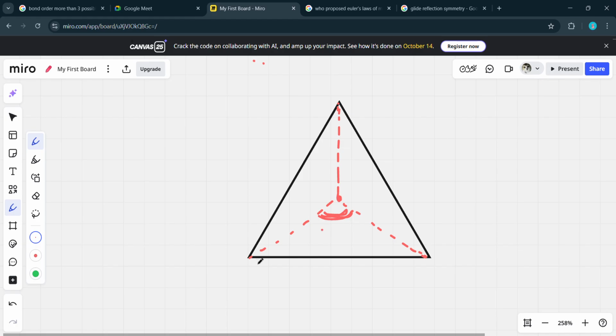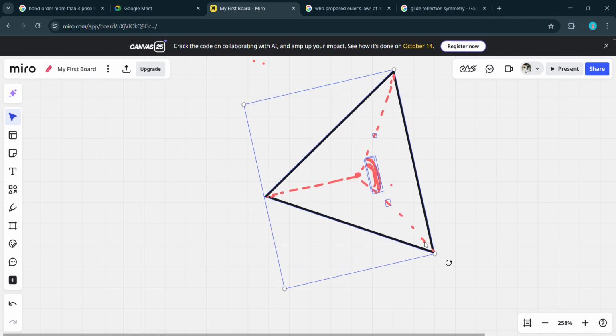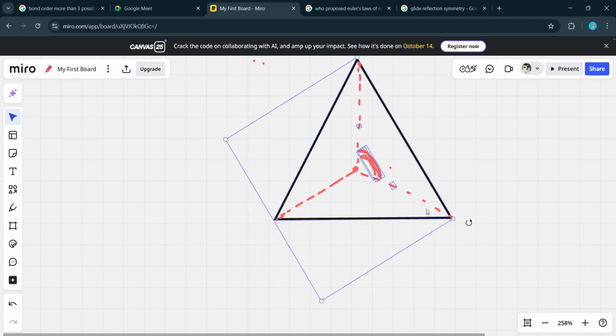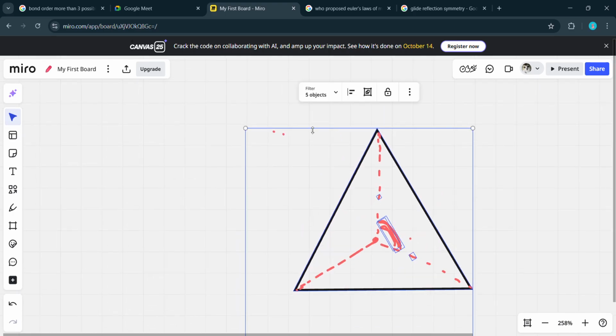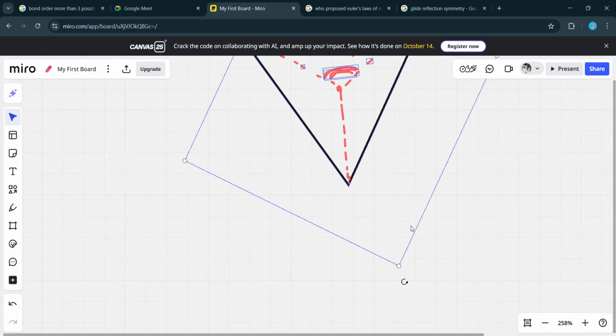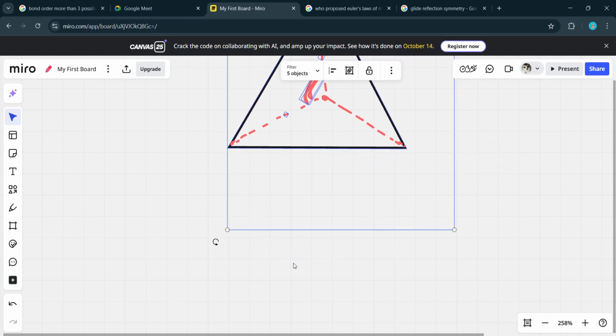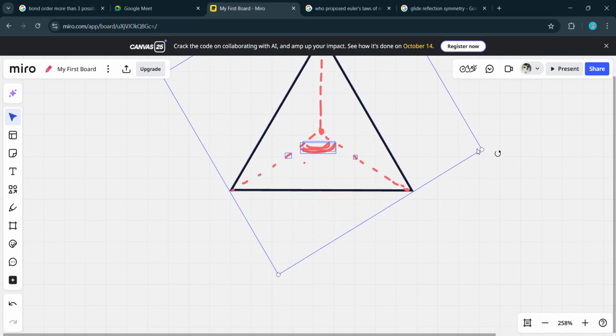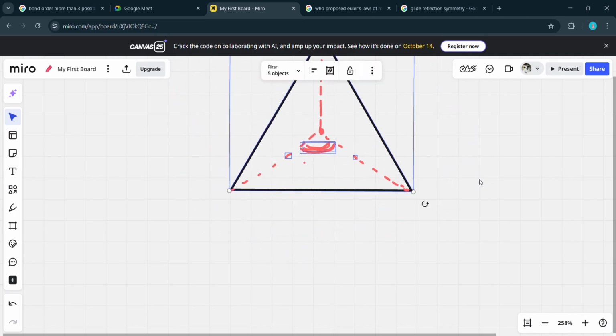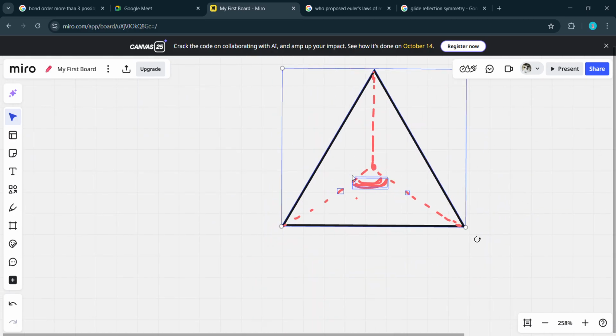You're rotating it by this angle, and as a result you are getting it back. Again, you're rotating it, and you're getting that back. Now again you rotate it, and you're getting the original back. So you perform three operations.